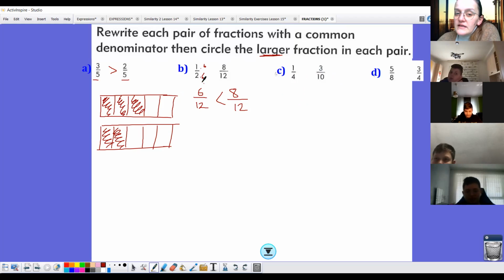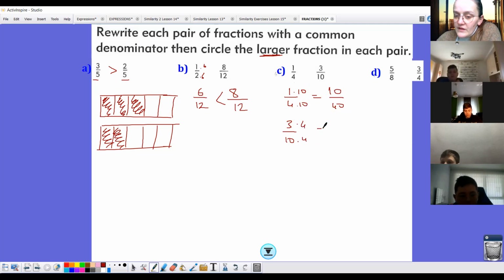It's not that easy like here, where we directly got 12. So here, I will help you. I will multiply the first one by 10 and I will get 10 out of 40. The second one, I will multiply by 4 to get 40, and then we'll have 12 out of 40. So 10 out of 40 is smaller than 12 out of 40, as you said.